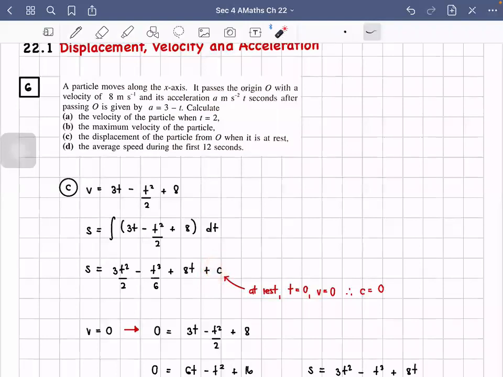For letter C, the particle is at rest. It's not moving, so it's not consuming time. If t is 0, v is also 0 because it's at rest. So therefore, c is equal to 0, and S is also 0. Everything here, c is equal to 0, right?